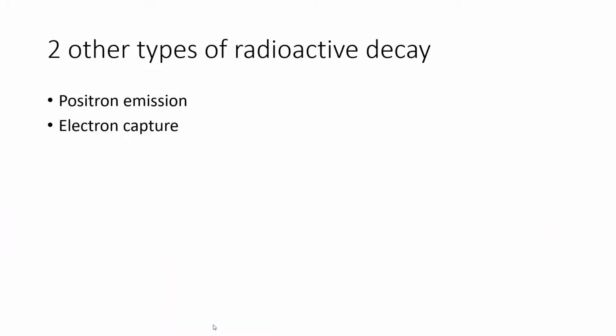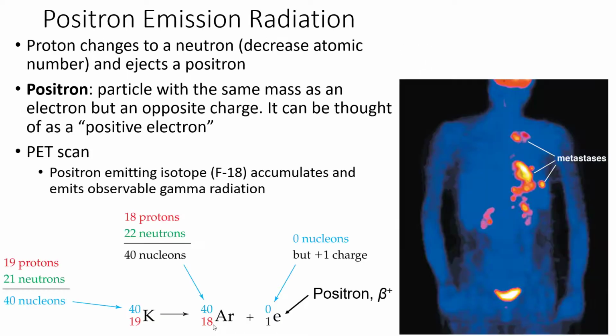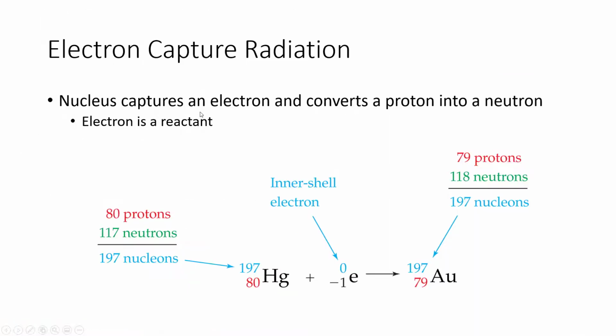So there are 2 other types of radiation that are important to note. One is called positron emission, the other is called electron capture. Positron emission is where a proton changes to a neutron, which decreases the atomic number and ejects what's called a positron. A positron is a particle with the same mass as an electron, but with the opposite charge.